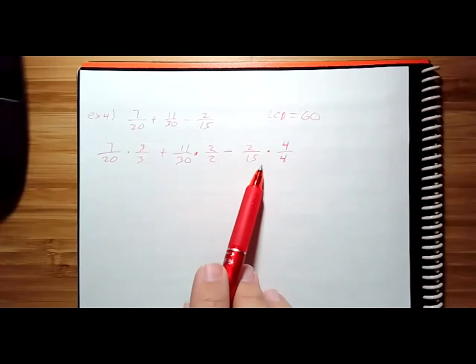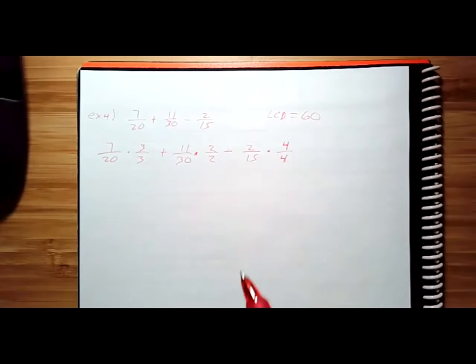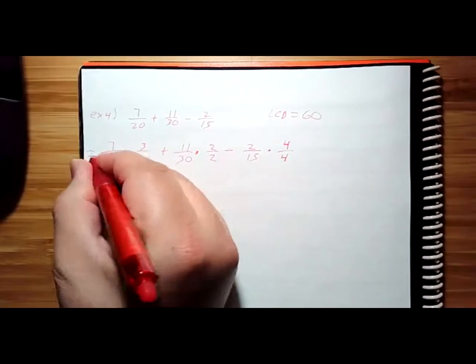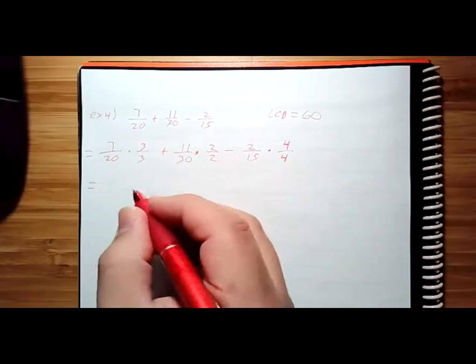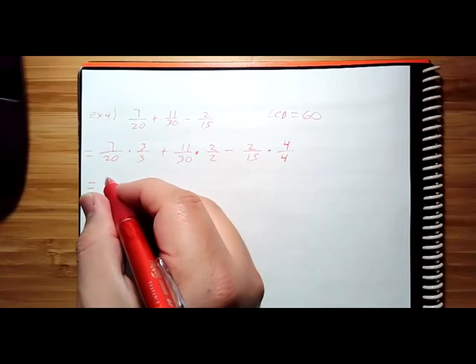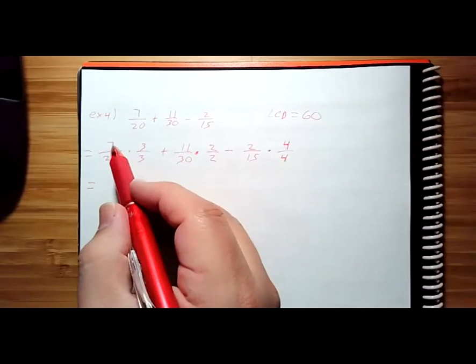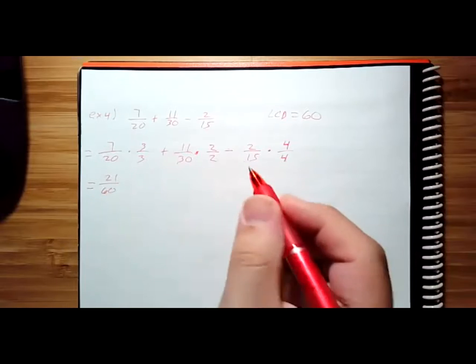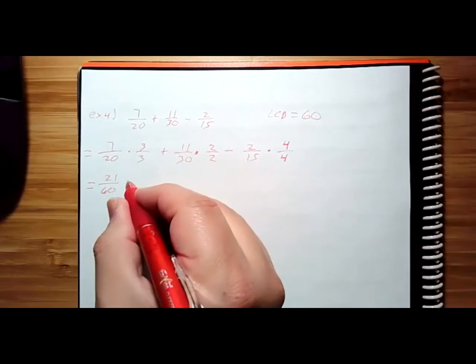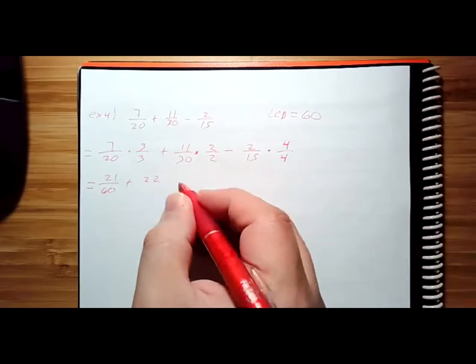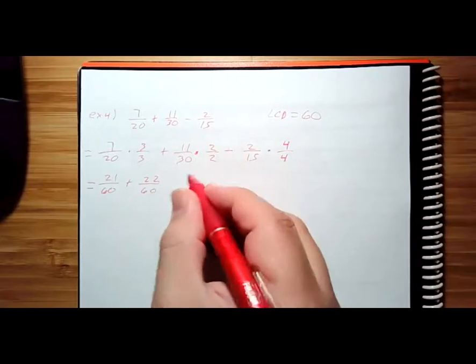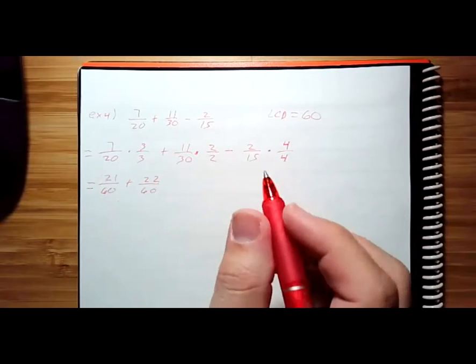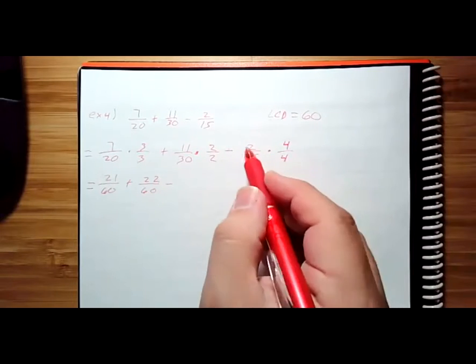Are there any questions on this step here? 7 times 3. 11 times 2. They're all going to be 60, right? 2 times 30, 20 times 3, 4 times 2.